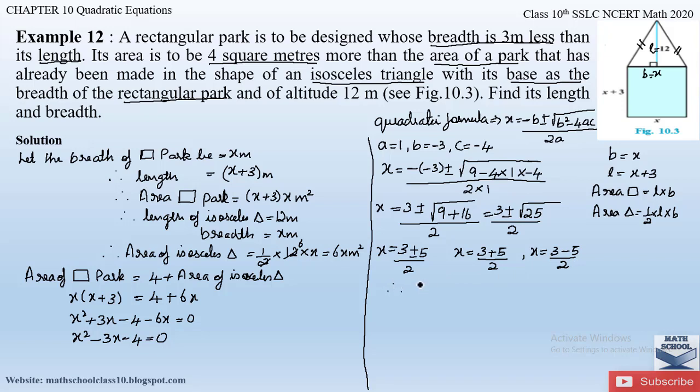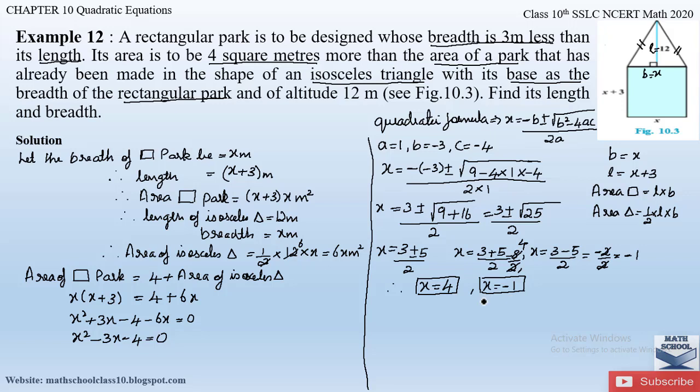Therefore we will get x is equal to, what is 3 plus 5? It is 8. So this is 8 divided by 2, 2 1s are 2, 2 4s are 8. Therefore we got x is equal to 4. And what is 3 minus 5? 3 minus 5 is minus 2 divided by 2. So 2 and 2 get cancelled, minus 1 is left behind, and x is equal to minus 1. We got these two as roots.